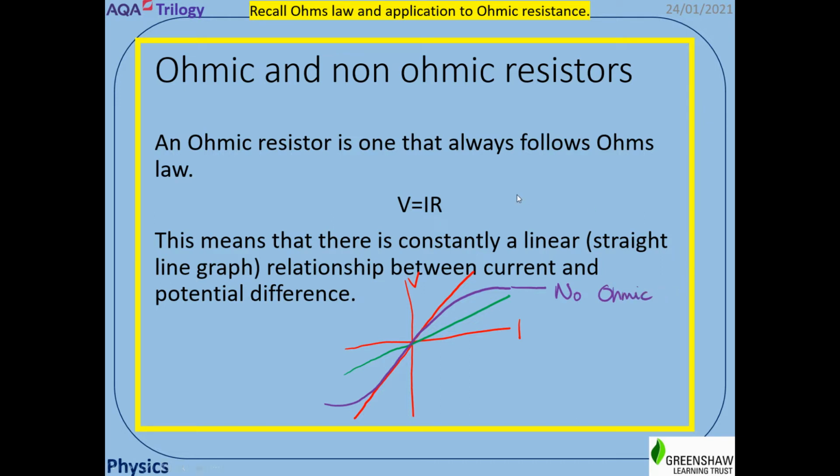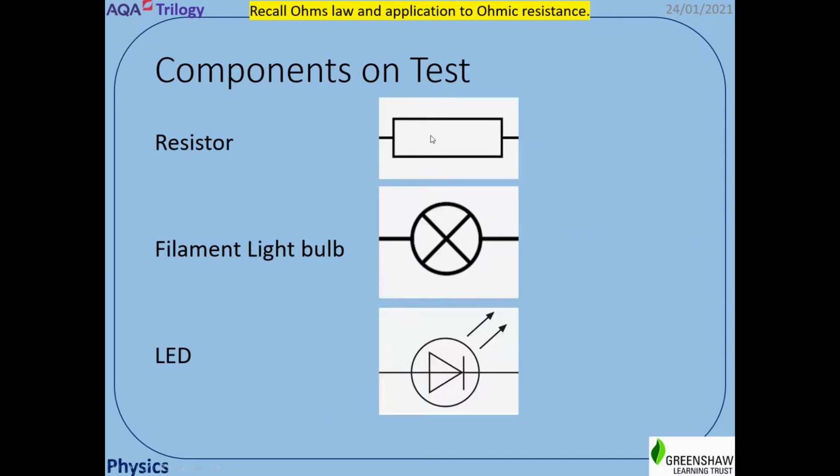Okay, that's the basis behind today's lesson. What we're going to go on now is go and look at, well, which components is it that produce these different shape graphs and why? So the three that we're going to be testing today is a resistor, a filament light bulb, so not an LED style light bulb, but one where the filament, a thin piece of wire, is causing so much resistance that it gets really hot and glows.